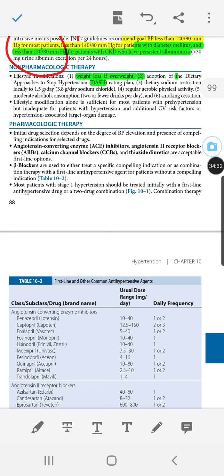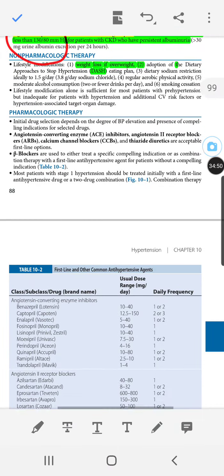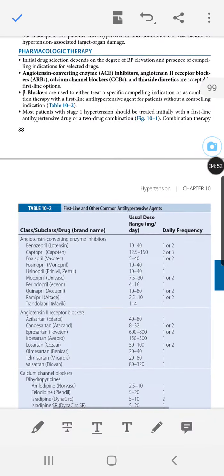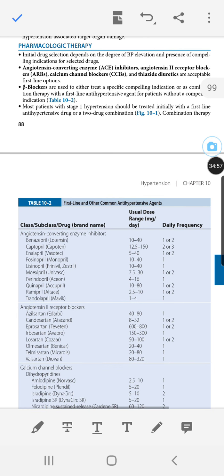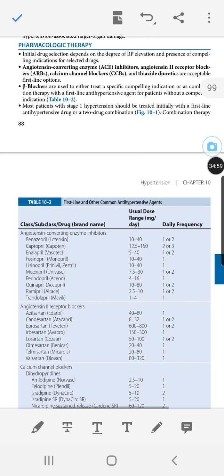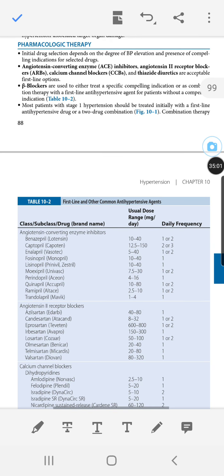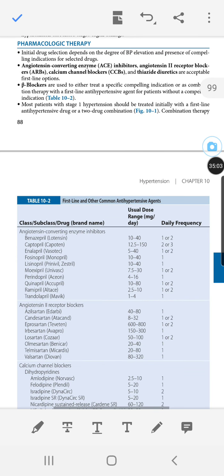So if there is secondary hypertension related to cardiovascular events, or other renal damage like chronic kidney disease or diabetes mellitus, we have to take extra precaution and take some medication too. The next one is pharmacological therapy. Initial drug selection depends on the degree of blood pressure elevation and the presence of compelling indications for selecting drugs.